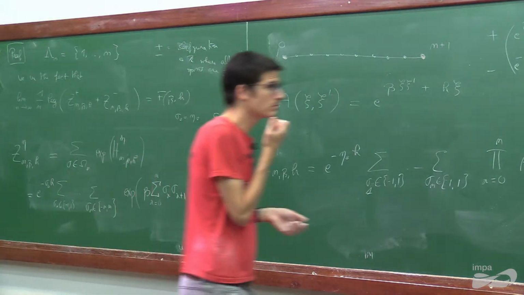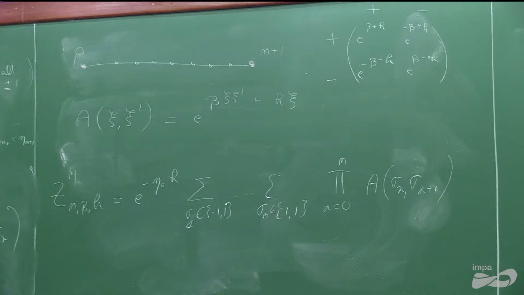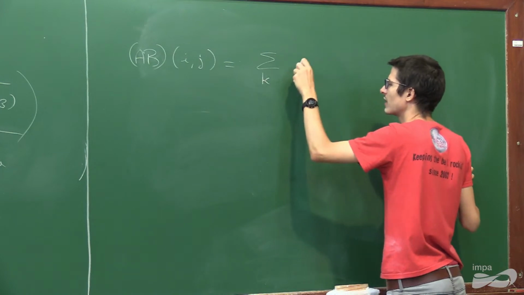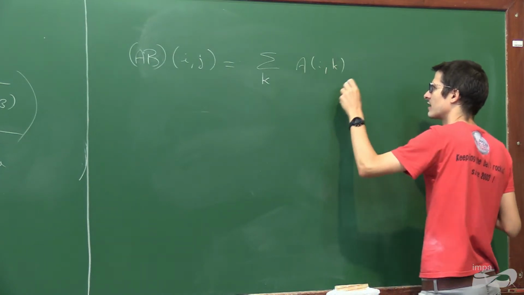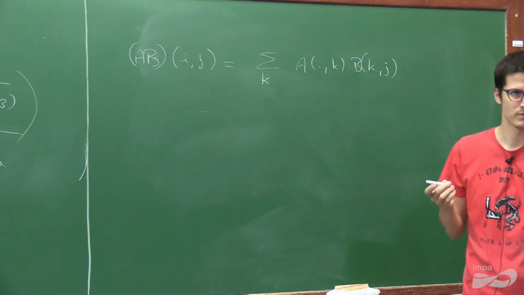Okay, so you know how to make a matrix product. In general, if you want to compute AB of ij, what you do is you take the sum over k of a i k b k j. This is how matrix product works.